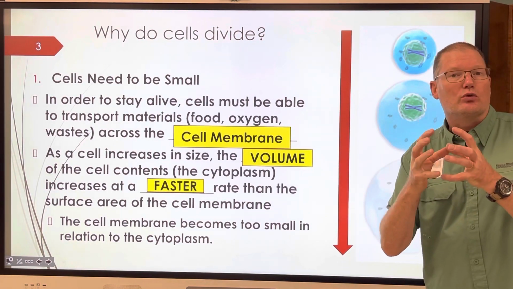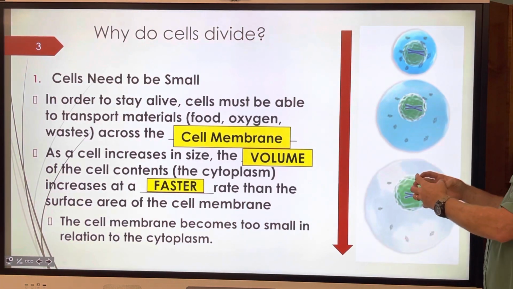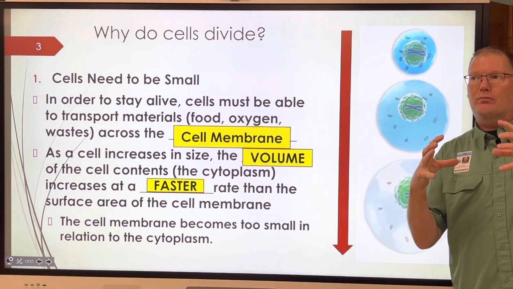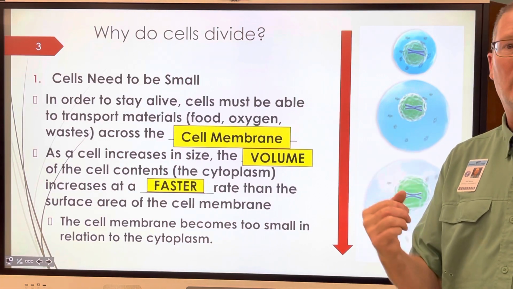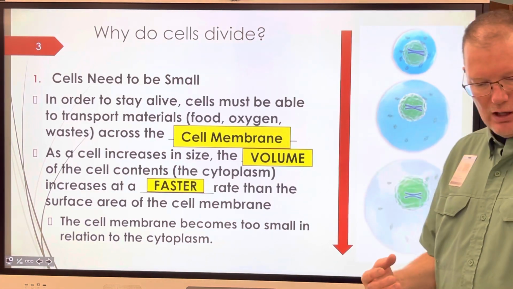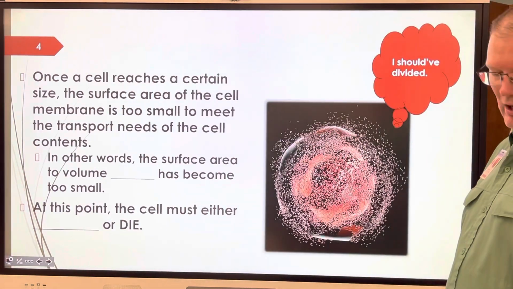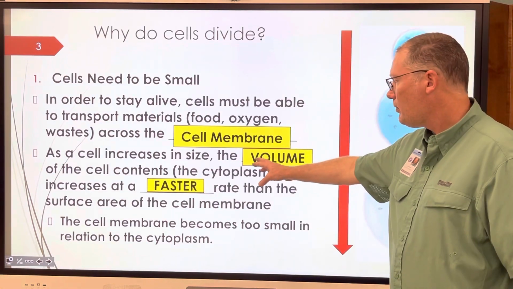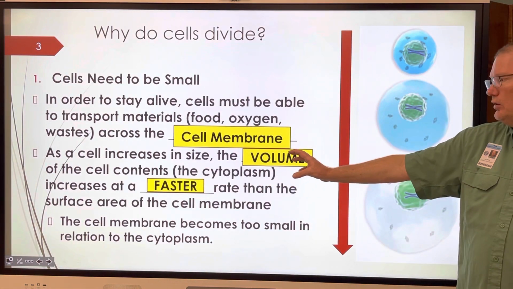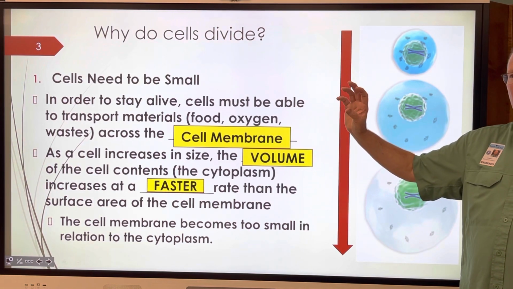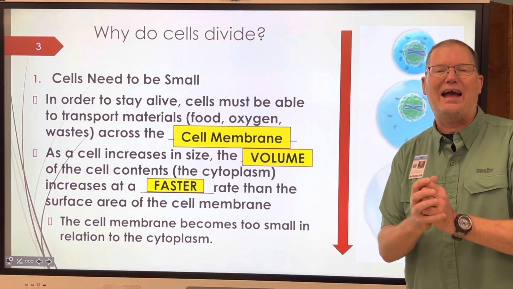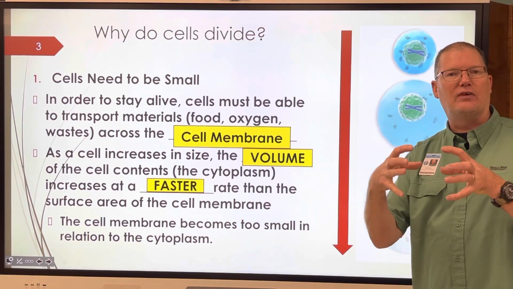It's like a balloon, stretching and stretching and stretching, and finally, it's going to blow, okay? It's going to pop. So cells typically don't do that. Instead, they replicate themselves. So it's the volume inside that needs to be compensated for. Something has to happen to fix that growing volume, okay?